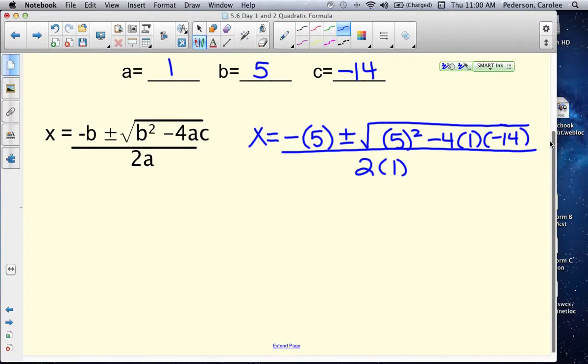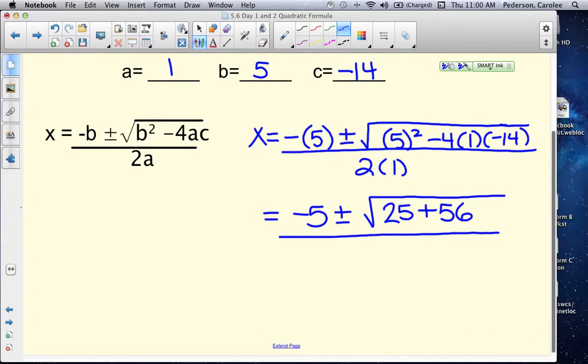Now we're going to go ahead and reduce. So -5 plus or minus 5 times 5 is 25. And then -4 times +1 times -14 is a +56.